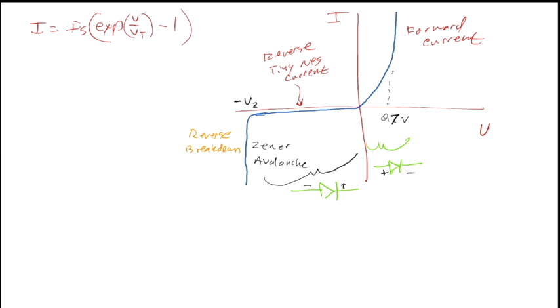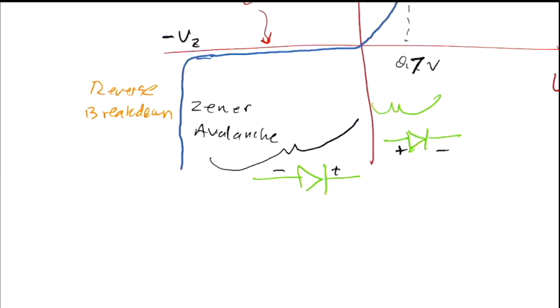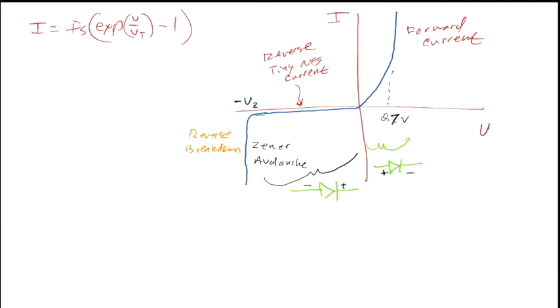It doesn't mean that if we have, say, minus 10 volts here, that it's forward biased. If we have minus 10 volts on the cathode and we have minus 12 volts on the anode, then it's reverse biased, right?